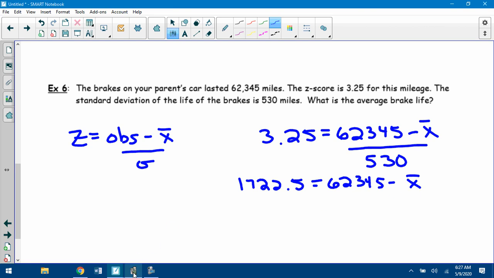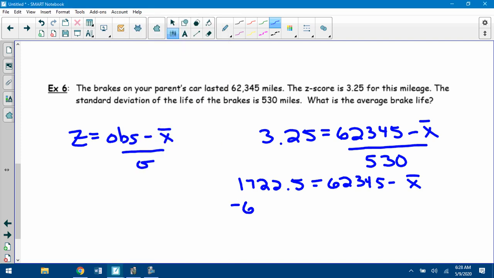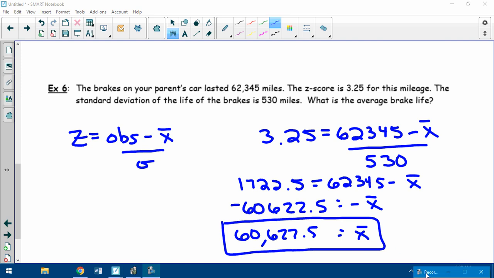If I subtract over the 62,000, so minus 62,345 is negative 60,622.5. That's negative average. So that just tells us that the average is 60,622.5 miles. All right, so that last page is just kind of going through some z-scores and using it to find different information.